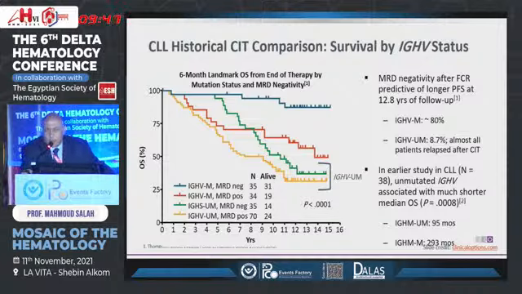Also, in the aerial study, unmutated IGHV in CLL is associated with a much shorter median overall survival. Patients with IGHV unmutated have 95 months, and patients presenting with mutation have 293 months.